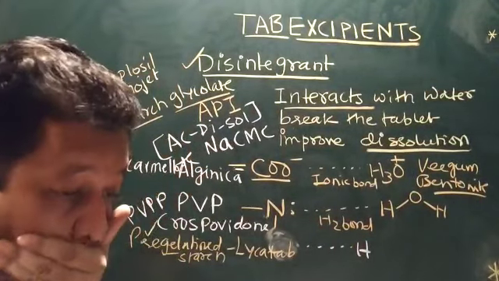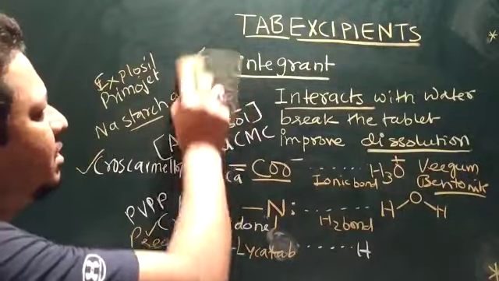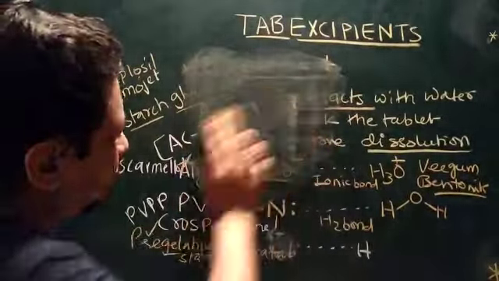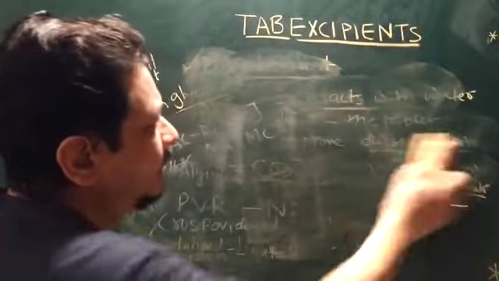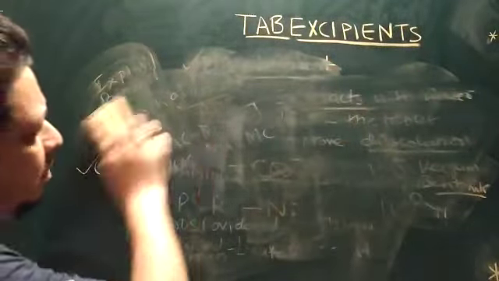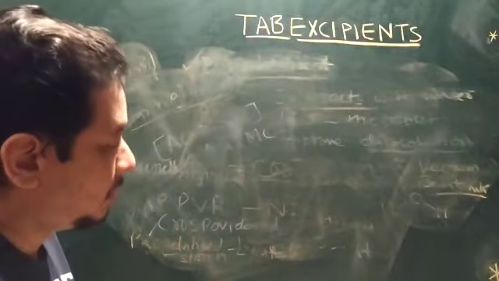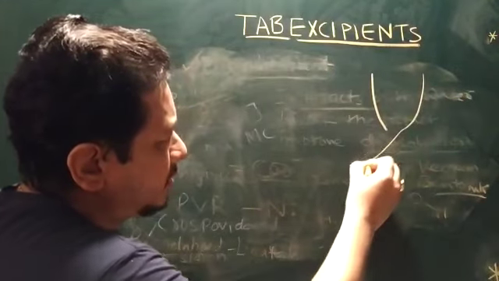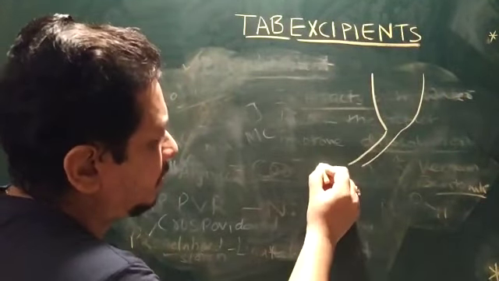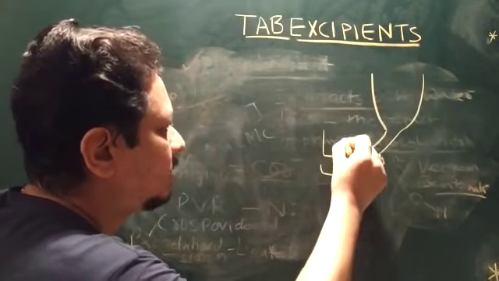Okay. Now coming to the next excipients after disintegrants. The granules have to be filled in the hopper so that we can form tablets. So what is the mechanism? You have this hopper which comes down to your tablet die, and there is a punch.